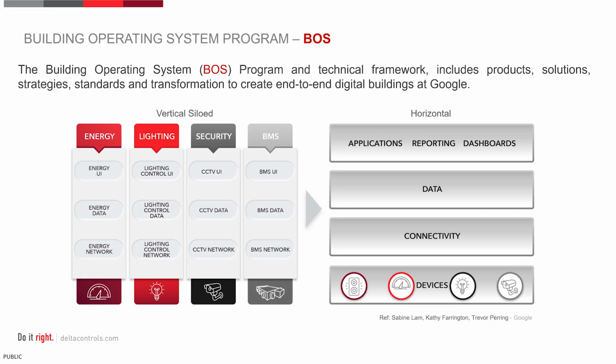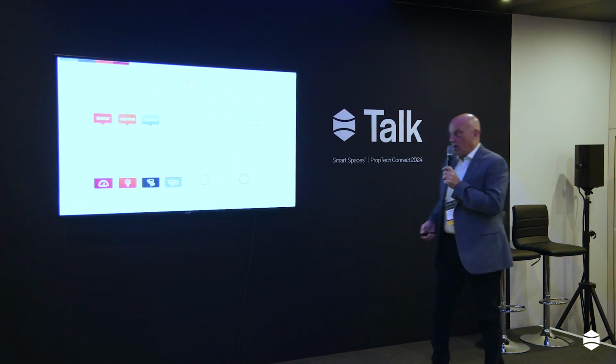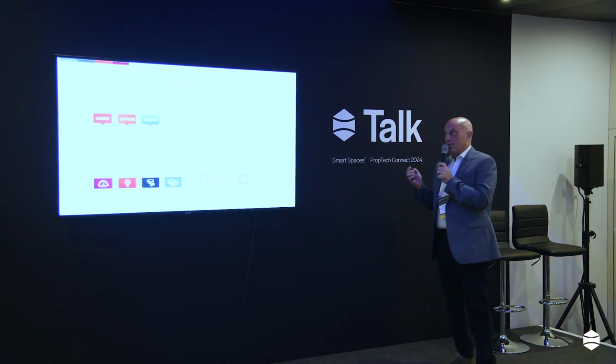So the concept of the building operating system is to turn the vertical system into a horizontal system, have all the devices at a layer at the bottom, and then the data feeds up, and the data gets normalized at the lowest level. That's the dream, that's the goal. Various people have come up with different ways of doing it, but they're trying to achieve the same thing. So that's the building operating system, which is the overarching architecture of what they're trying to achieve.